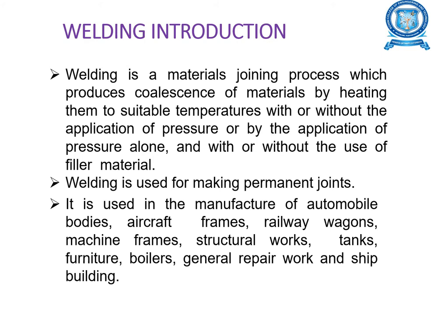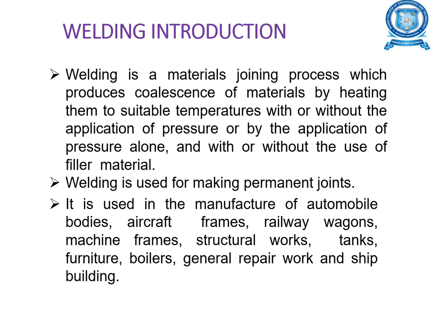So the introduction of welding. Welding is a material joining process which produces coalescence of materials by heating them to certain temperature with or without application of pressure, or by the application of pressure alone. And either they use a filler material or they don't use a filler material.